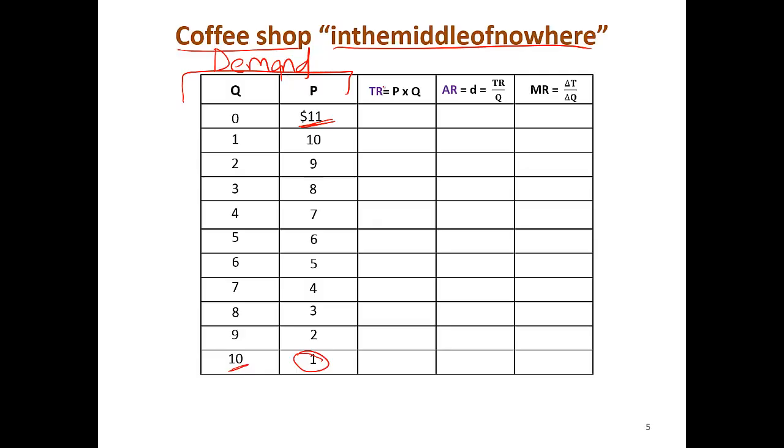So let's calculate the total revenue of this monopolist. Then we'll calculate average revenue, then marginal revenue. Total revenue is super easy. Total revenue is price times quantity.